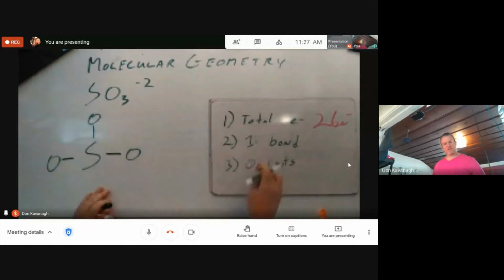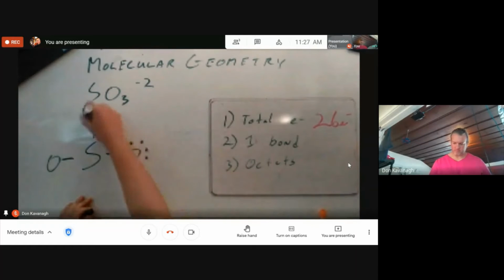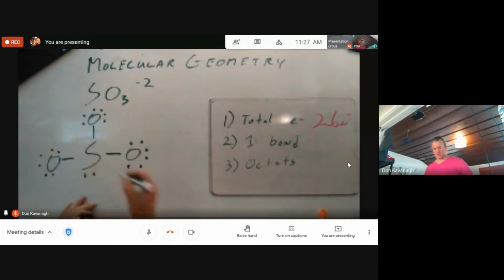We are now going to fill in and check the octets for each of our atoms. Don't forget the atom in the center. It's an often overlooked guy right there. So now every single element has its octet.